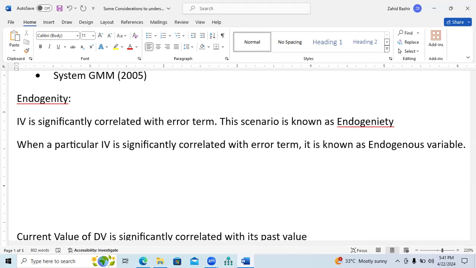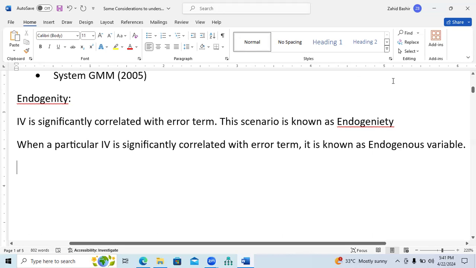So, for example, we have some variables, and one of those independent variables is significantly correlated with the error term. In that case, that particular variable would be considered an endogenous variable. So what we need to do is have some replacement of that endogenous variable. That replacement is known as an instrument variable.